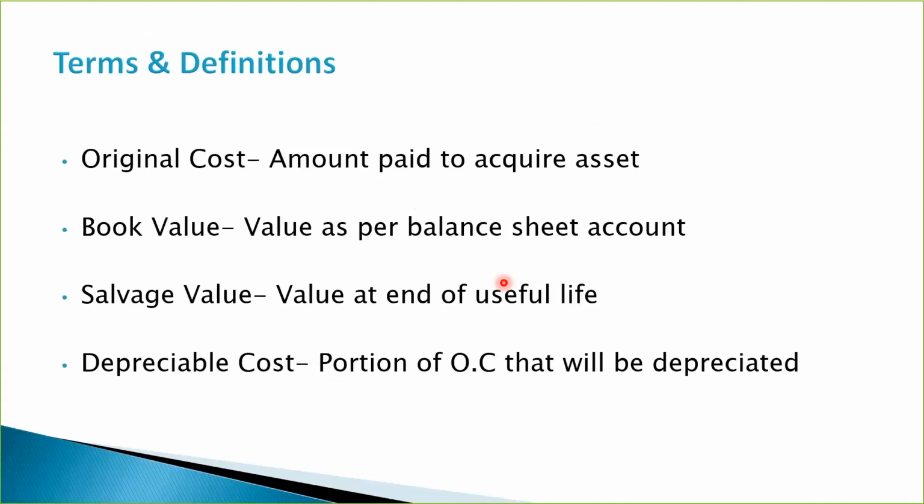All right, and we are going to see an example of that. As we have said, original cost is the amount paid to acquire the asset. When you acquire the asset and put it in use, you'll start to calculate depreciation expenses for it. At every particular point, there's a certain amount of depreciation expense that you'll have calculated. So the original cost minus the total depreciation that has accumulated up to that point is what we call the book value.